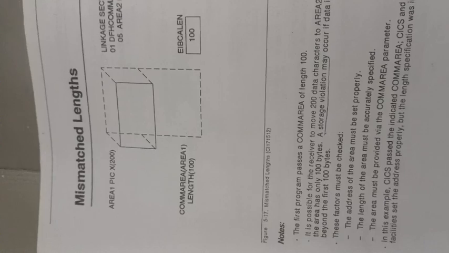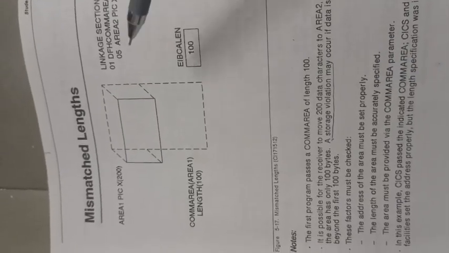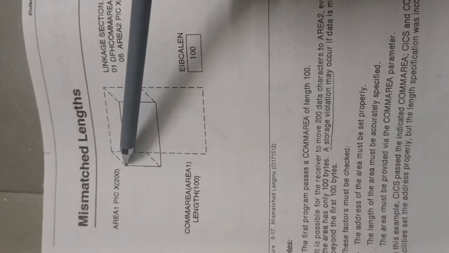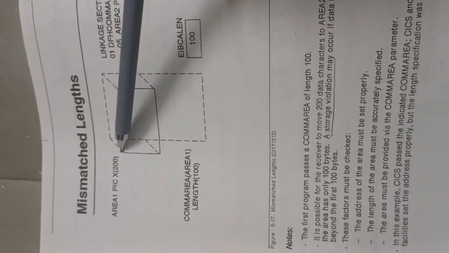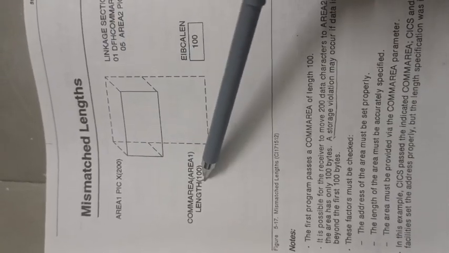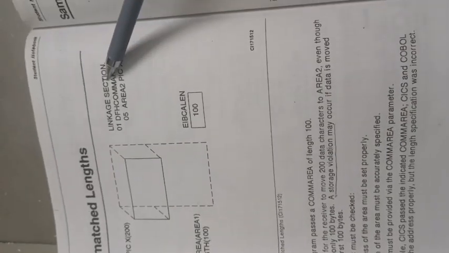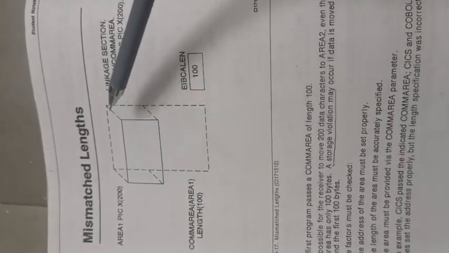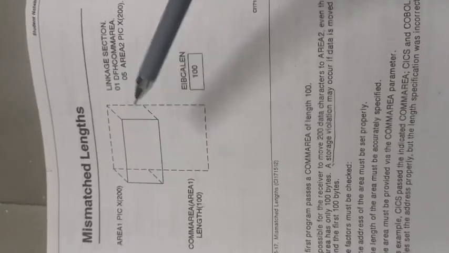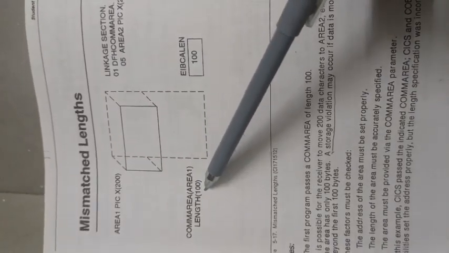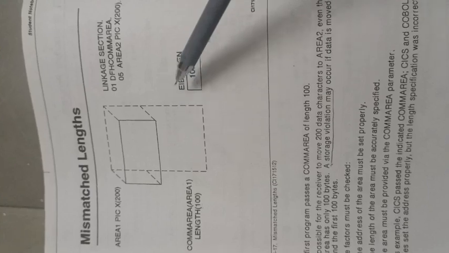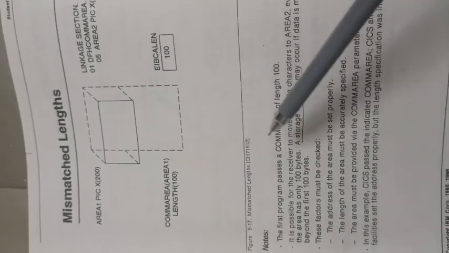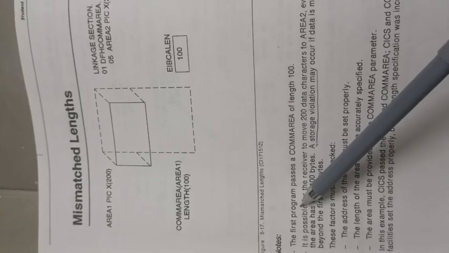This is one of the disadvantages of OS COBOL, a mismatched length. I have declared the working-storage section with PIC X(200), and I am passing COMMAREA with a length of 100, and DFHCOMMAREA is also defined as 200. Both the main program and subprogram define 200, but in the COMMAREA LENGTH option I have defined 100.